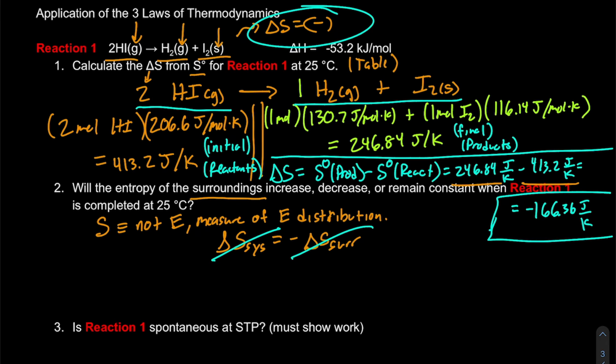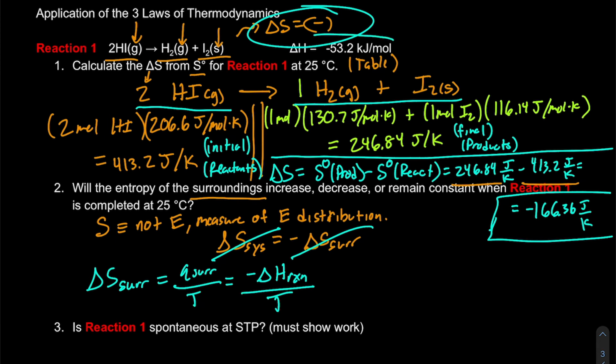We already mentioned that the change in entropy of the surroundings is equal to the heat gained by the surroundings at a specific temperature. We also said that this is equal to the negative change in enthalpy of our reaction at a specific temperature.